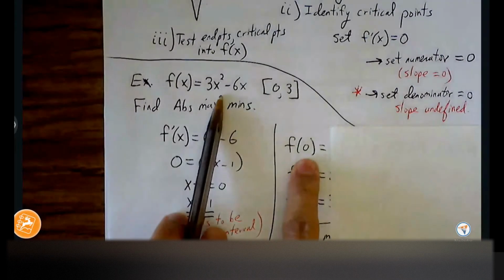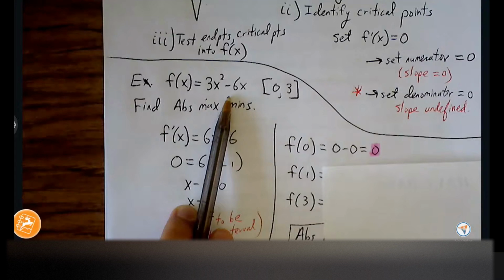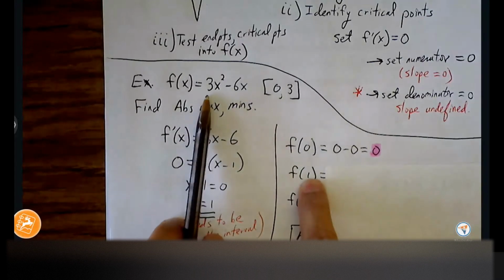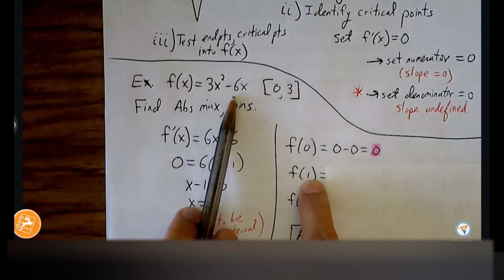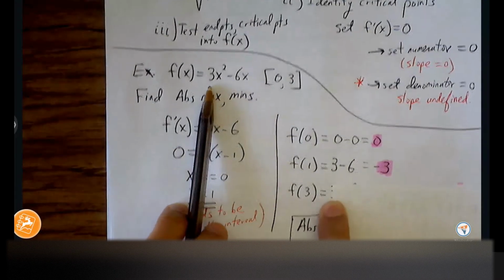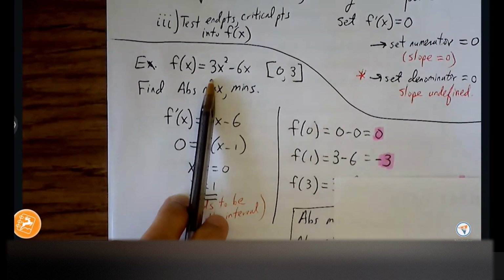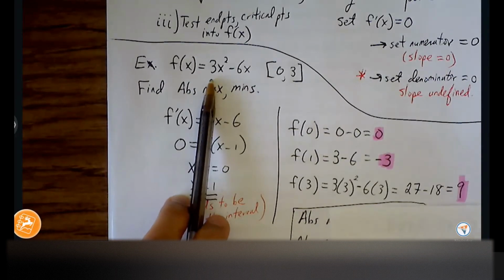If I plug 0 in for x, I get 0 minus 0, which is 0. I plug 1 into the function, I get 3 minus 6, which is negative 3. And then I evaluate the function at 3, and I get 27 minus 18, which is 9.